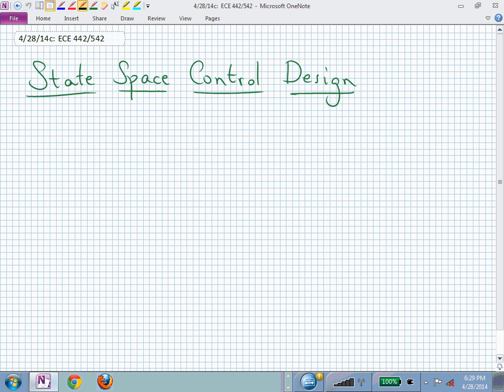All right, now let's talk about state space control design. Page 3. To begin with, we are actually going to begin with the most ideal scenario, and the most ideal scenario is to have full state feedback.